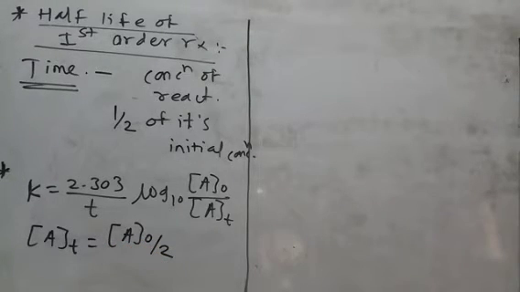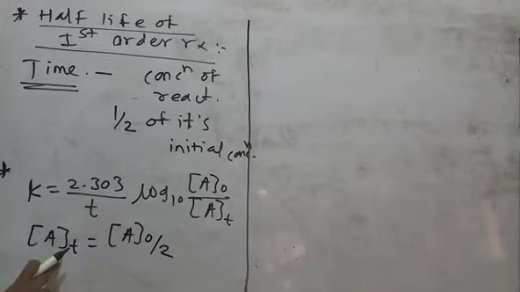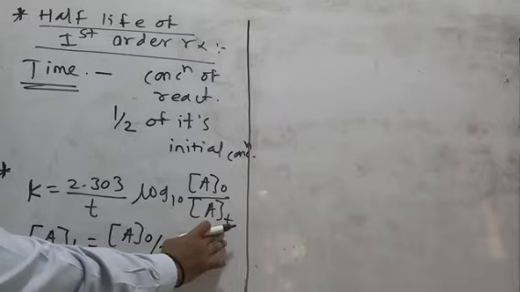Why does At become A0 divided by 2? Because At is the concentration of reactant at the time t.